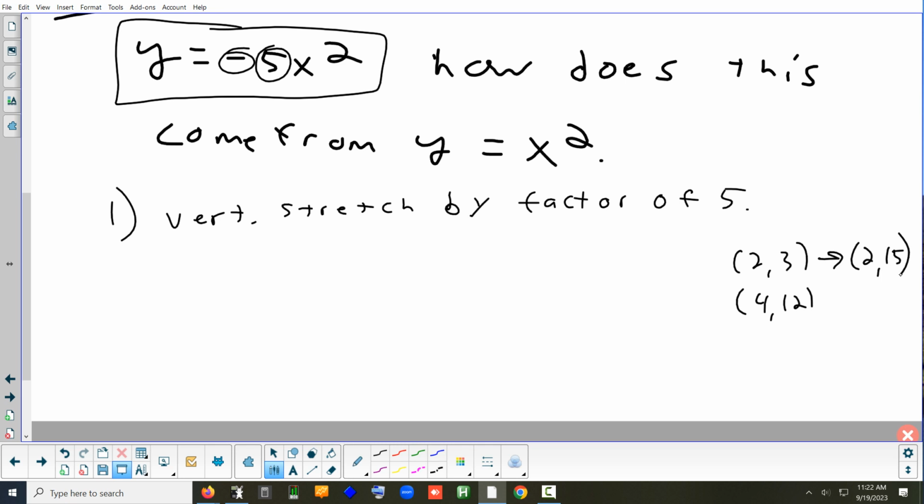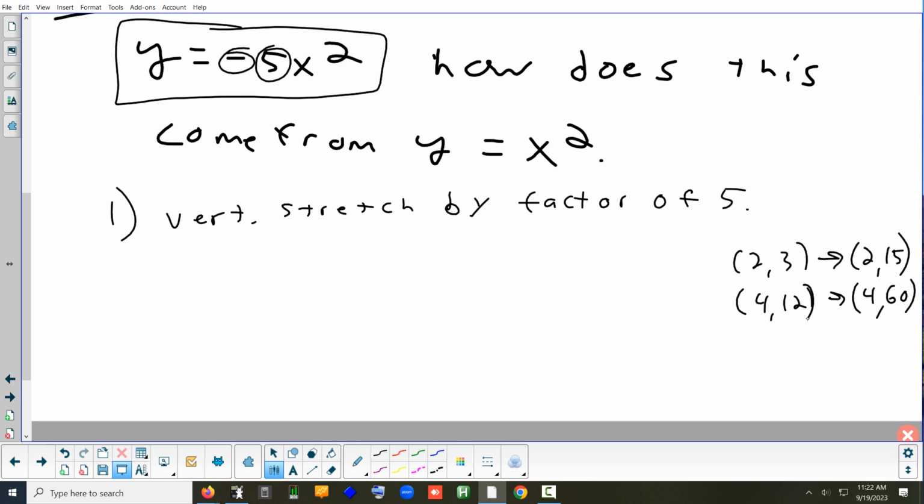That's what happens to this point if you stretch it vertically by a factor of 5. This point would end up at (4, 60). And you do that for every single point in your graph, and it would distort it. So if you had something that was originally circular and you stretch it vertically, it's going to look more like an oval, more elliptical.